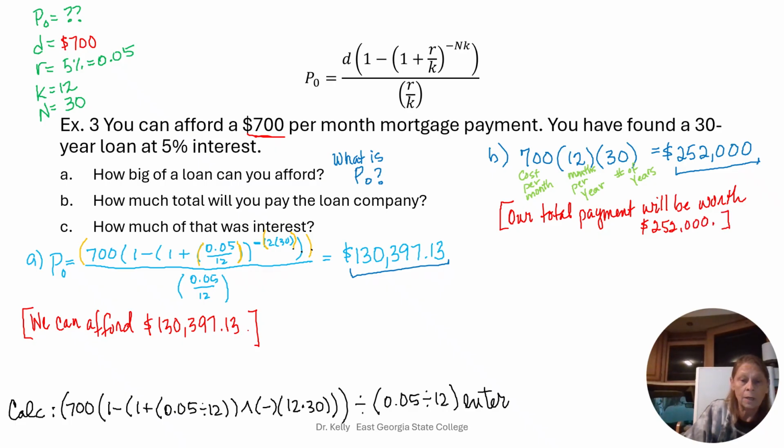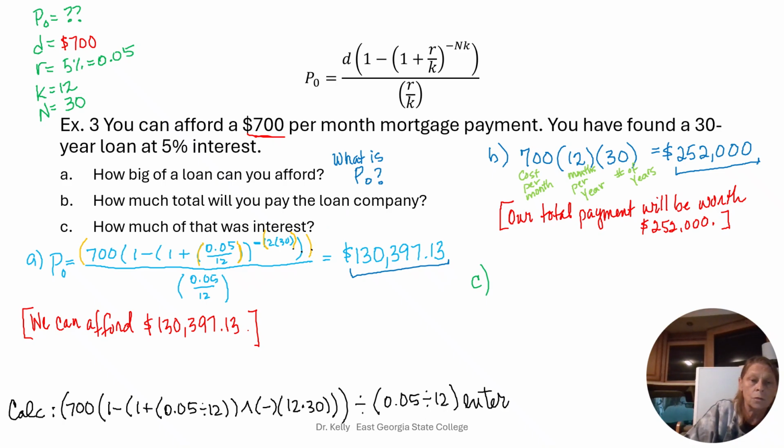Okay, and then finally, our little part C here. Part C asks us how much of that was interest. Remember, to find interest, you write the amount. Let me write it this way.